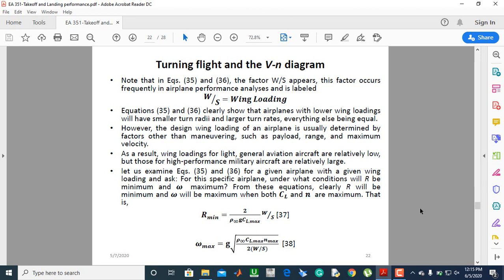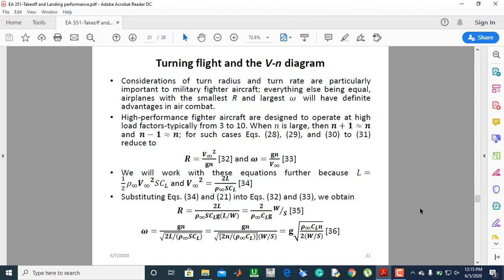That is, from equation 35 and equation 36, the turn radius will be minimum when the lift coefficient is maximum.